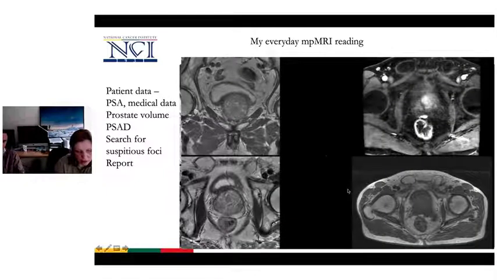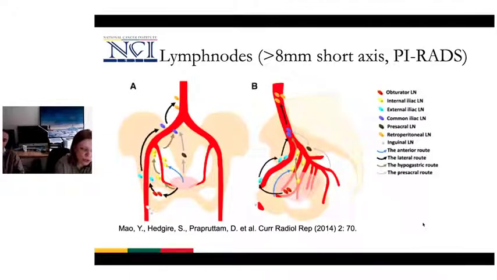After that, I look for possible lymph nodes or other metastatic lesions in bones. And I go back to the rectum, the urinary bladder, and some other organs that can also be evaluated in this exam. What should we say about lymph nodes? We are used to a 10 millimeter short axis diameter.